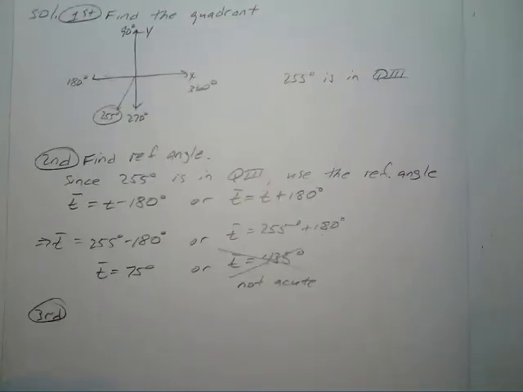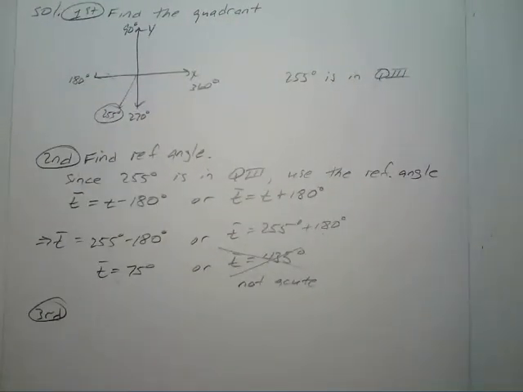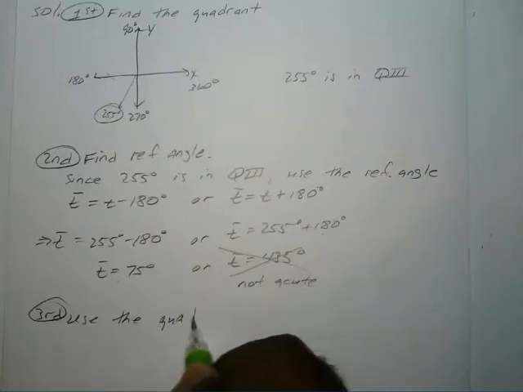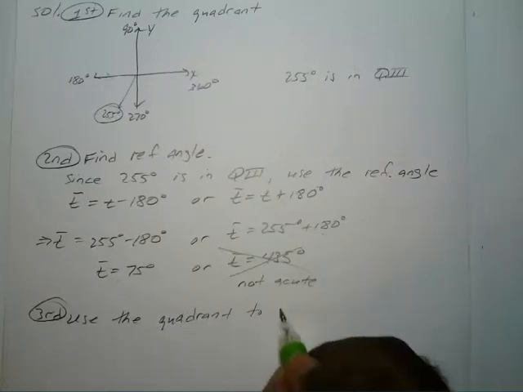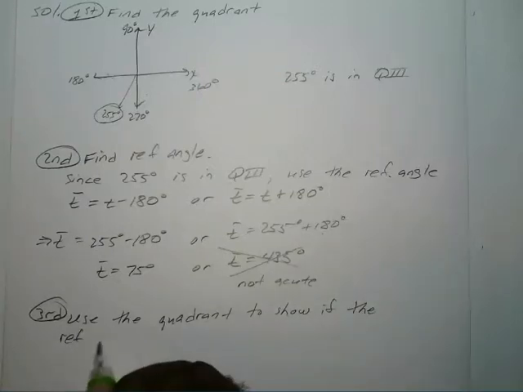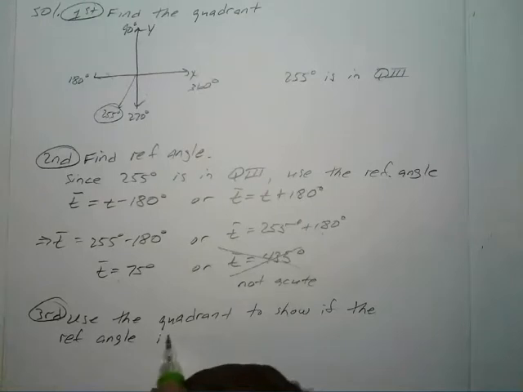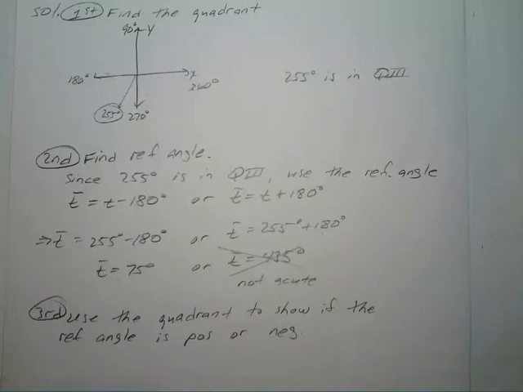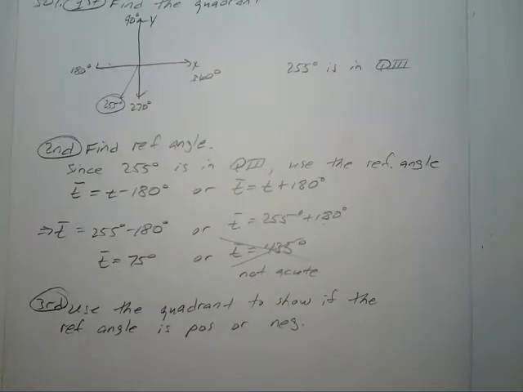For our third step, we use the quadrant to show if the reference angle is positive or negative. We know secant is negative in quadrant 3.